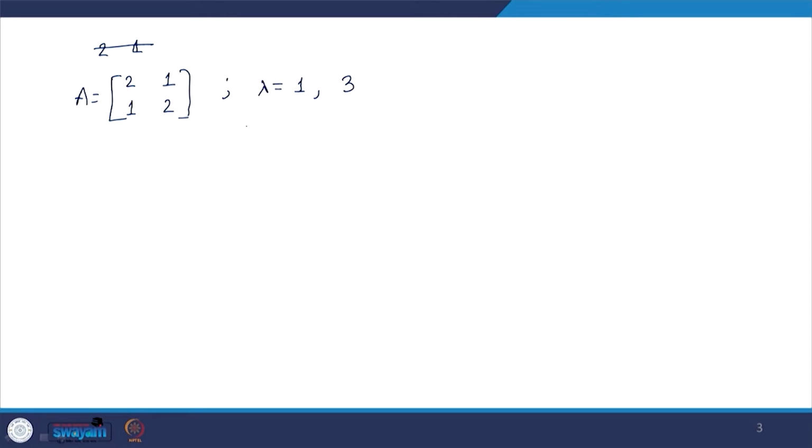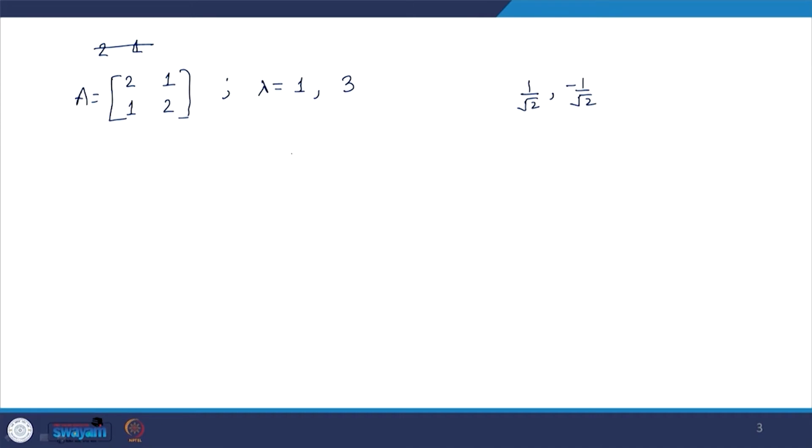Then you take any vector x of unit length. Let us take 1 by root 2 and minus 1 by root 2, that is basically the eigenvector corresponding to lambda equals to 1.